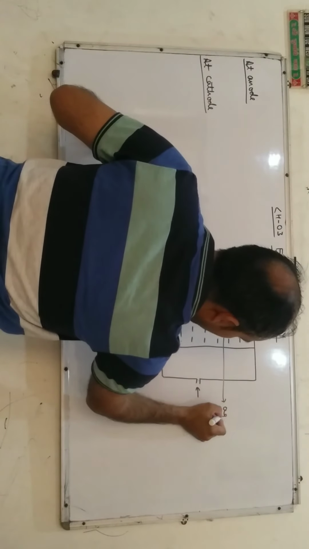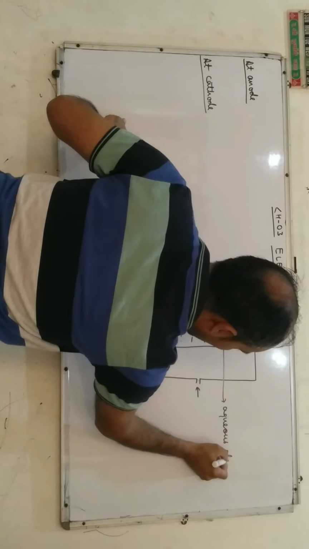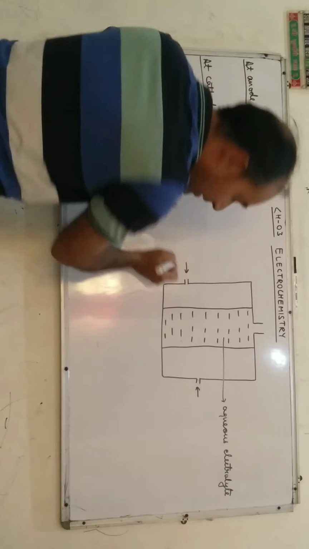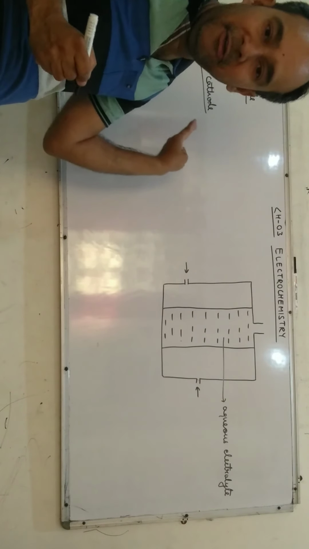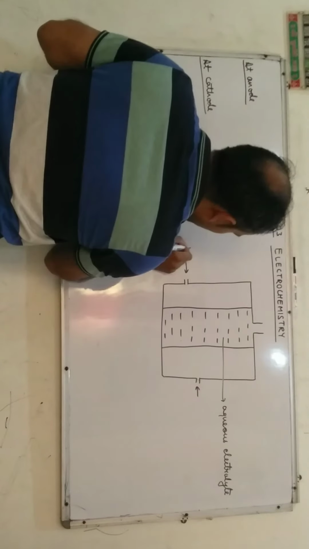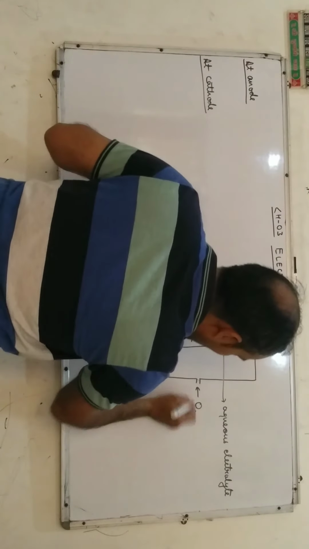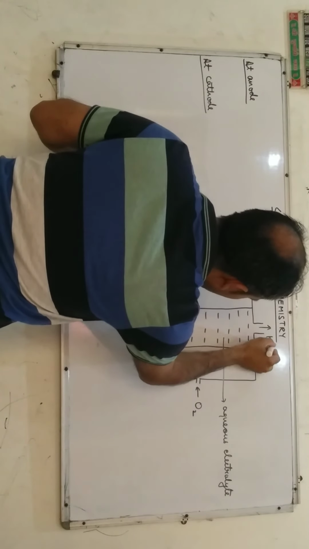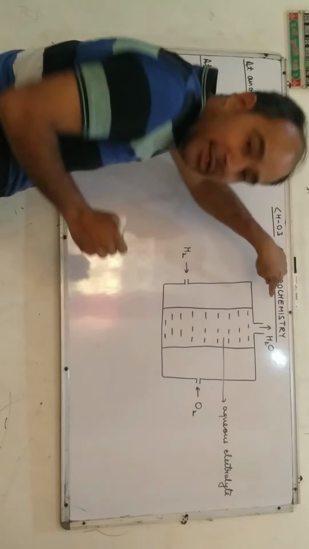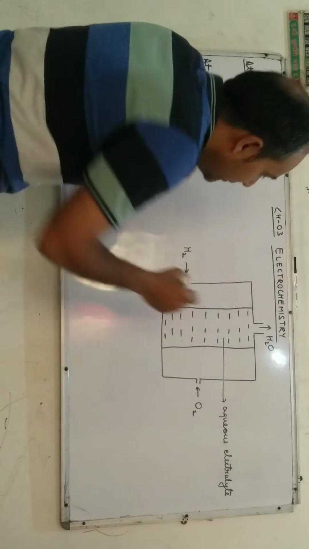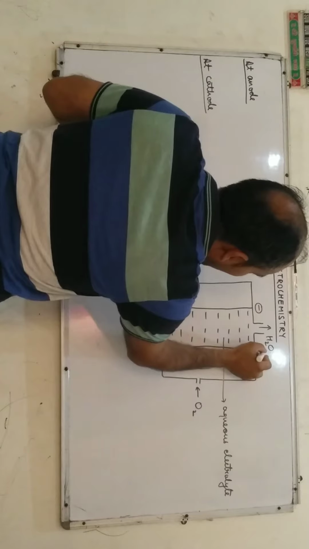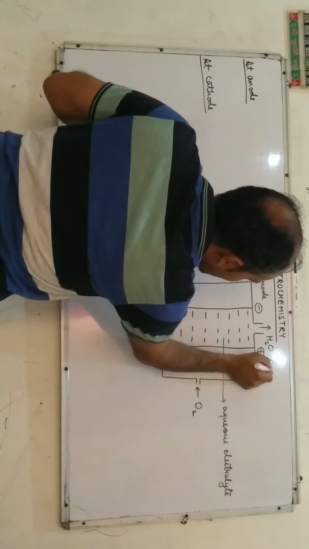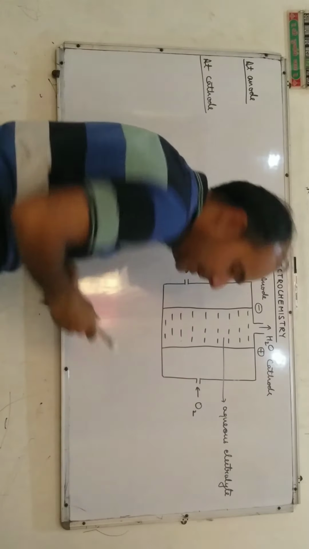At the left hand terminal, hydrogen is introduced. On the right hand side, oxygen is introduced. The byproduct of the fuel cell is water. The left hand terminal of this fuel cell is negative and is called the anode, and the right hand is positive and is called the cathode.